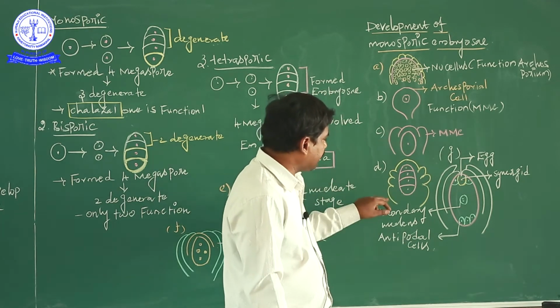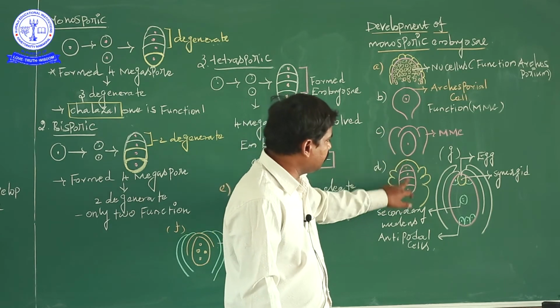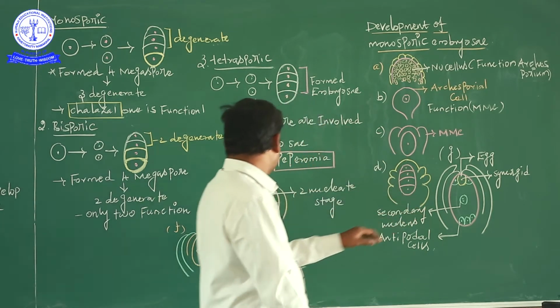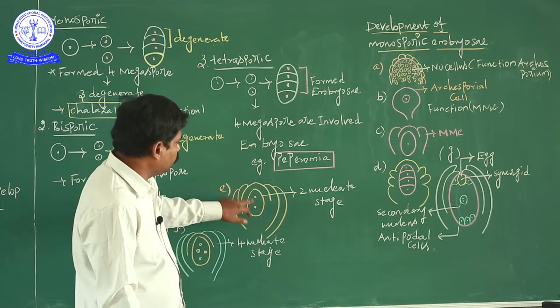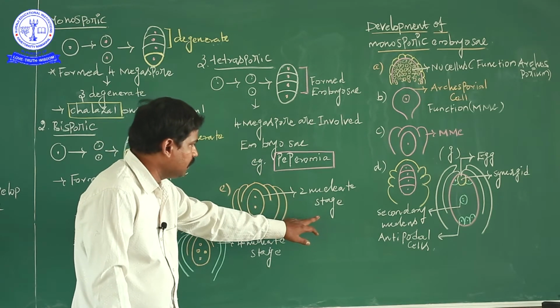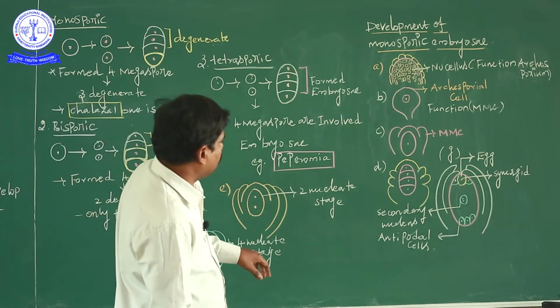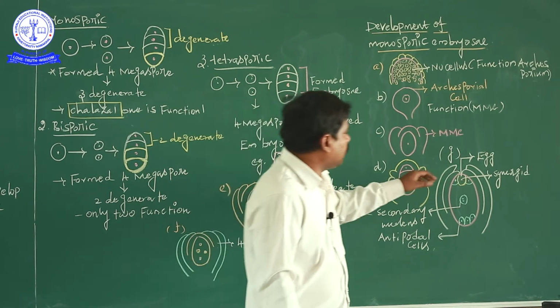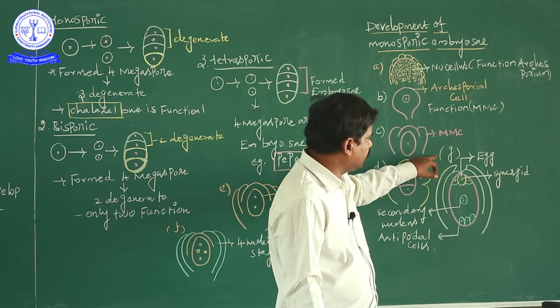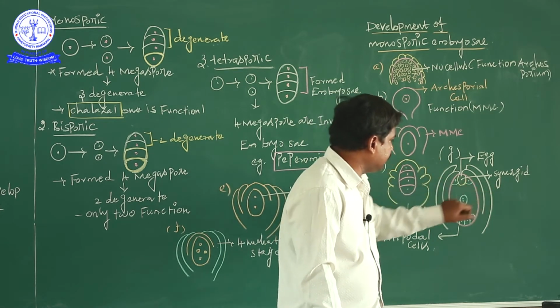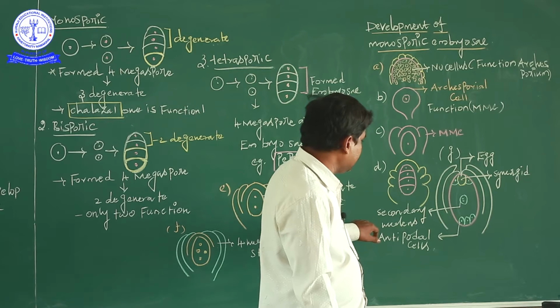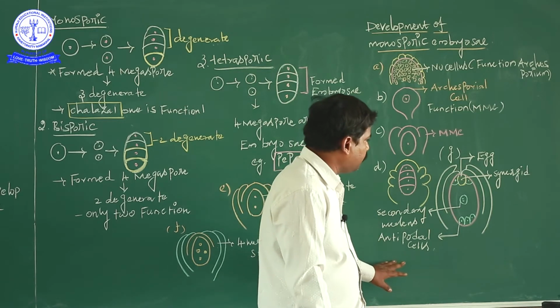In the next diagram, the one cell divides and a 4-cell stage is formed, and then again a 2-cell stage, and the 4-nuclear stage. The last one has the egg, synergids, secondary nucleus, and antipodal cells.